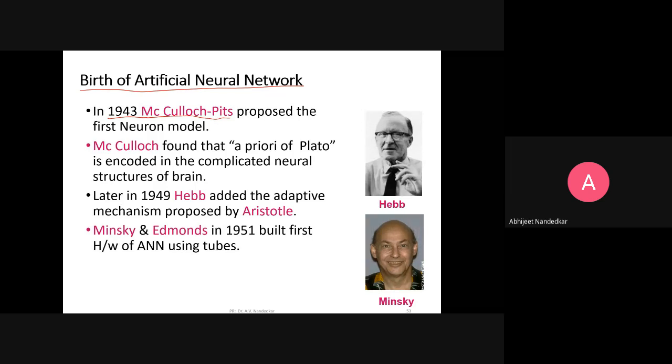So McCulloch found that a priori of Plato is encoded in the complicated neural structure of the brain, and then in 49 Hebb added an adaptive mechanism to this proposed mechanism. So Hebb could add this Aristotle's mechanism of adaptability in the neuron in 49. It took 6 years to modify the basic neuron structure to make it adaptive.